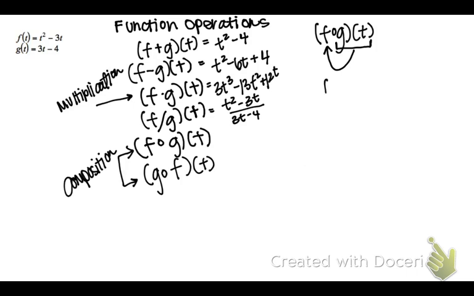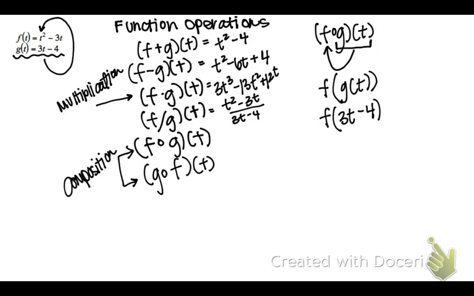So this is going to be f of g of t, which we know g of t is 3t minus 4. So this would be f of 3t minus 4. Wherever there's a t in the f function, I'm going to plug in the 3t minus 4. So this is going to be 3t minus 4 squared minus 3 times 3t minus 4.